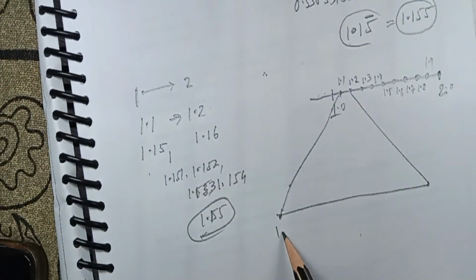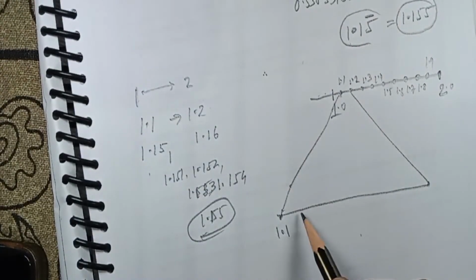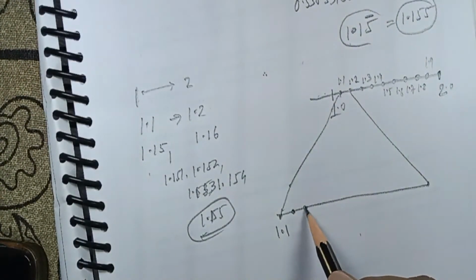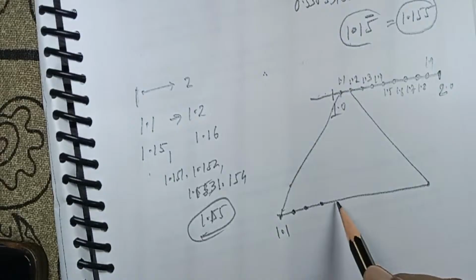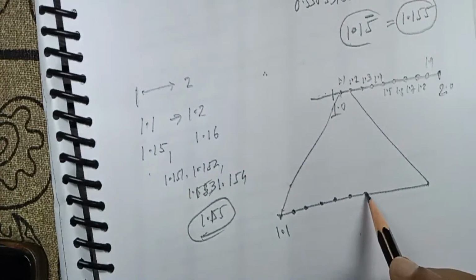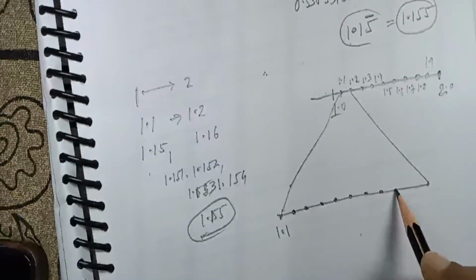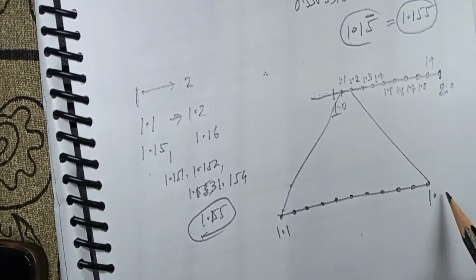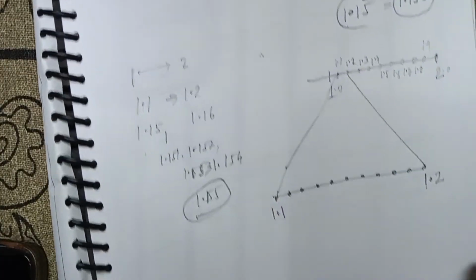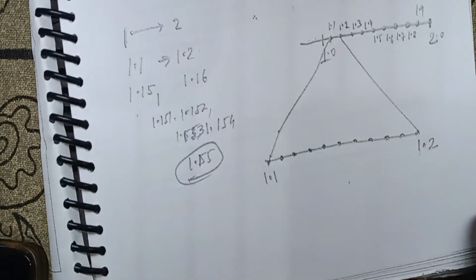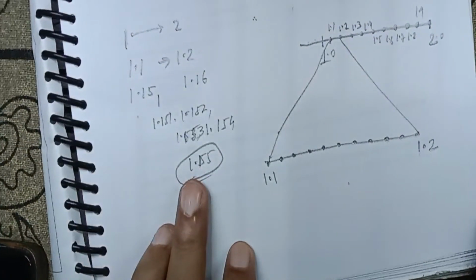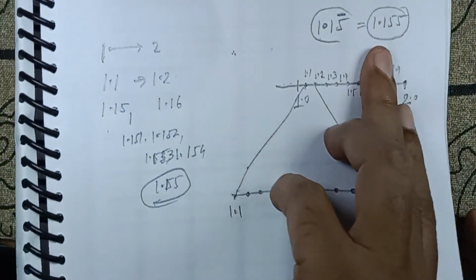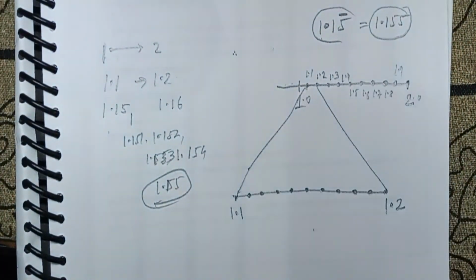This will be 1.1, 1, 2, 3, 4, 5, 6, 7, 8, 9, 10. This will be 1.2. Okay, but you have to get 1.155.